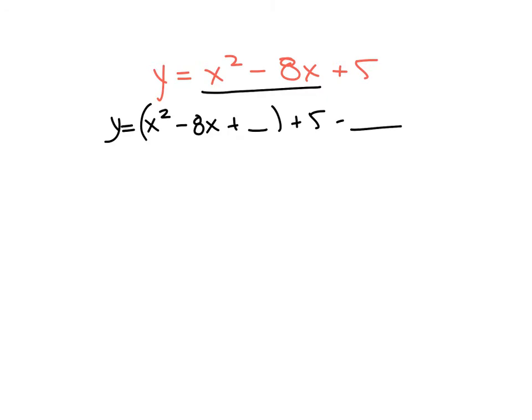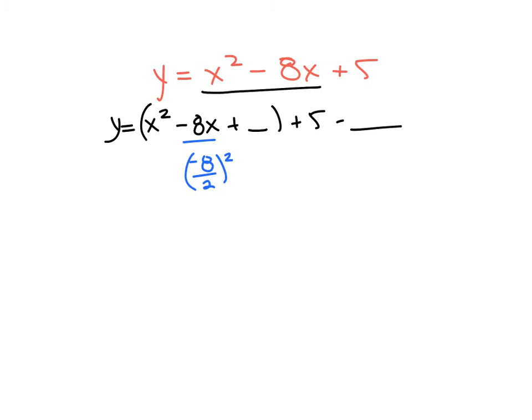So now we're going to complete the square. So we take our b. So my b is what? Negative 8. So I take negative 8, and then I'm going to divide by 2, and then I'm going to square it. I highly recommend you don't skip this step right here. Okay? You're going to make more mistakes if you try to skip that.